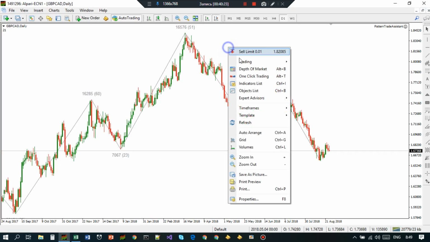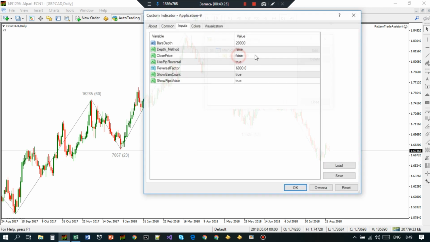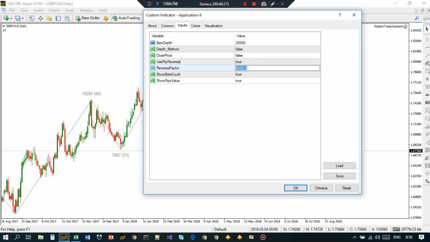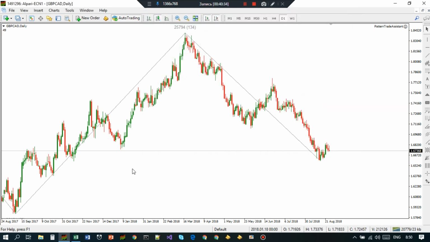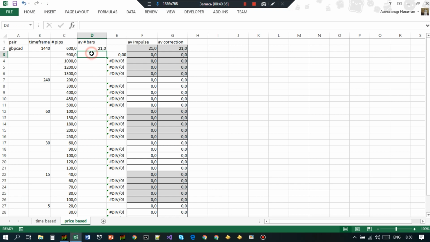If we have a 900 pips reversal, it should be 900.0. Then we have 49-bar swings. Okay, two times greater, 233.